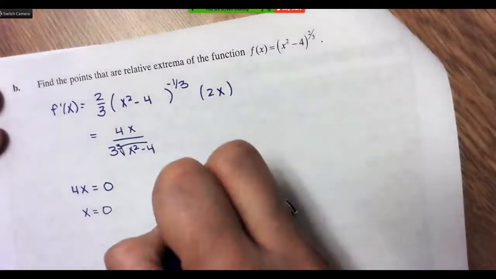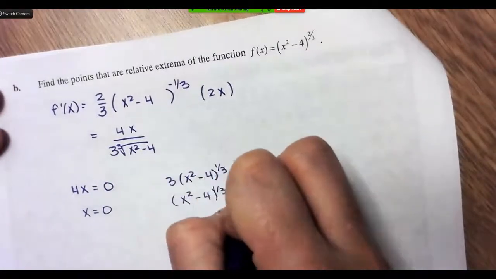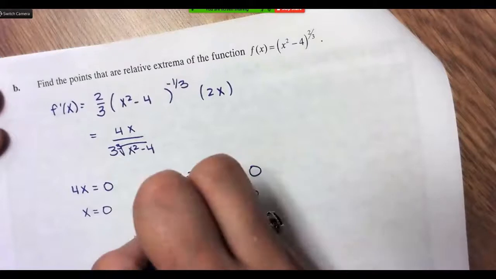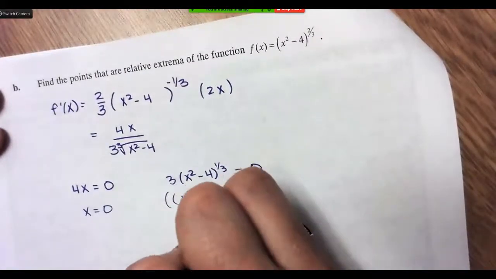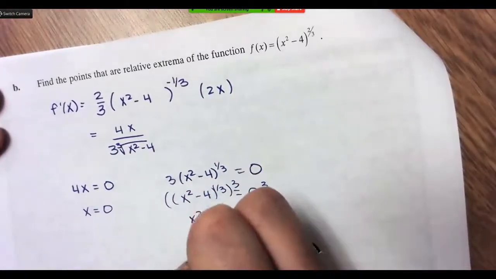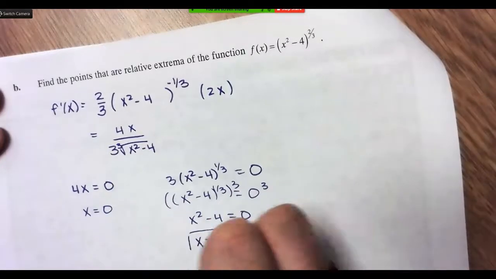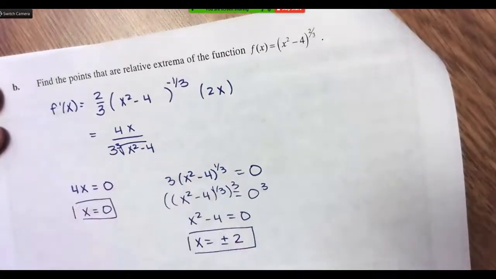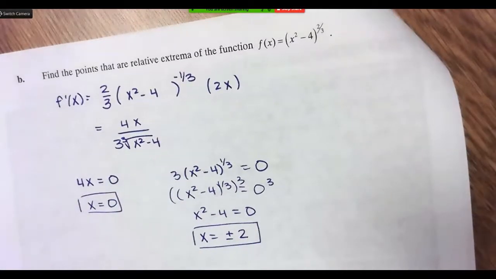Dividing both sides by 3, they kind of cancel out. And then you have to cube both sides, and we get x squared minus 4 equals 0. Which means my critical points occur when x is equal to plus or minus 2, as well as when x equals 0.